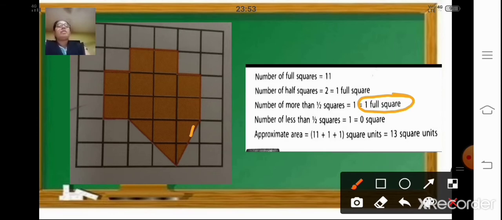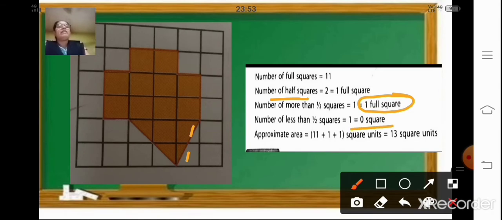Whereas if the number of half square, we will just put it together and then calculate the number of squares. So here a square which covers more than half square, that is only one, so we will take it as one full square. And number of less than half squares, if it is covering less than half, here it is only one, this one, so we will take it as 0 square.